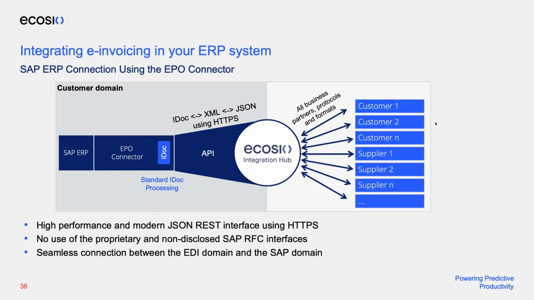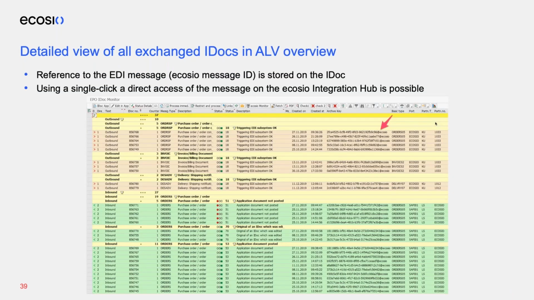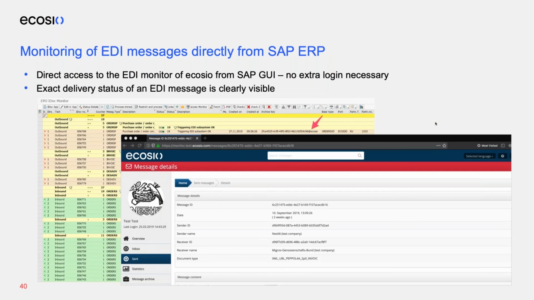The main advantage here is that you can track all sent and received invoices directly from within the SAP system. Here is, for instance, a screenshot where one can see sent and received documents, here order responses, as well as invoices and the like. And using a single click on a message directly in the ERP system, you're taken to a monitoring overview, so no additional login necessary, and you clearly see the delivery status of that certain invoice message on the recipient side.